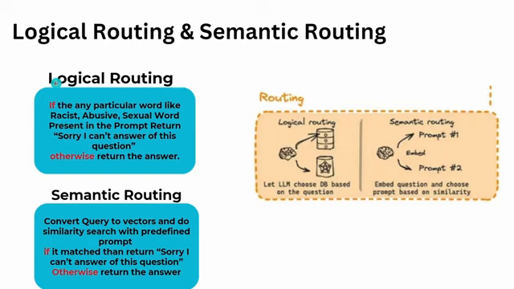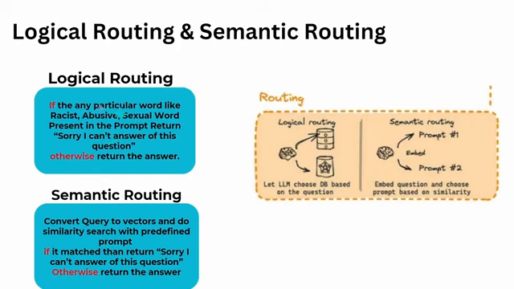How? For example, you have written a particular logic. If you have built an LLM based application, and the person is asking using racist, abusive or sexual words in that prompt, then if those words are present in the user query, you will just return, sorry, I can't answer this question.